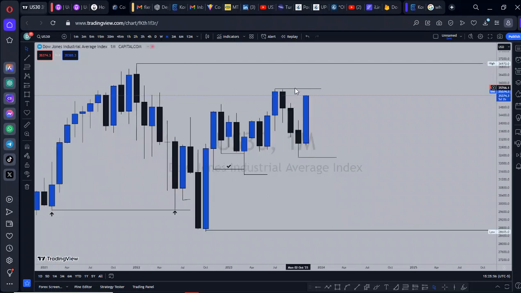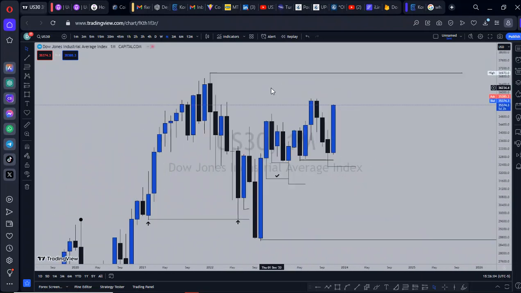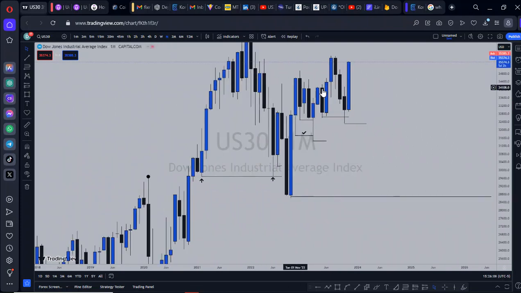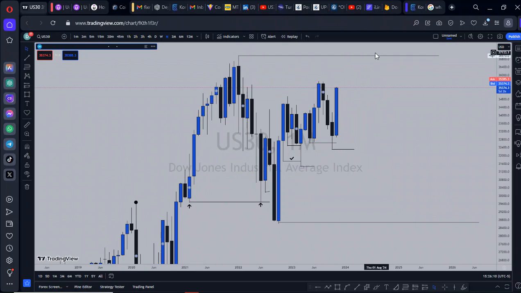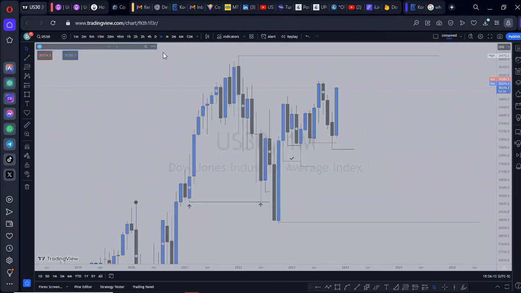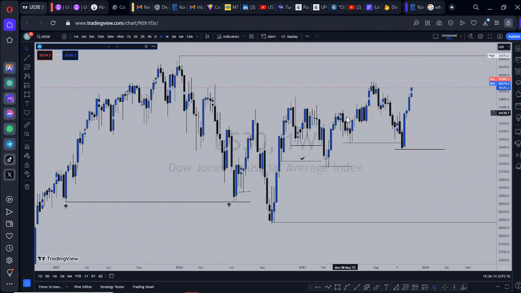All right, so we have hunted the liquidity pool right there, and we're not going higher. Very, very clean. Now, seeing my directional bias and what I know price is drawn to, I now go to lower time frame to look for the setups.